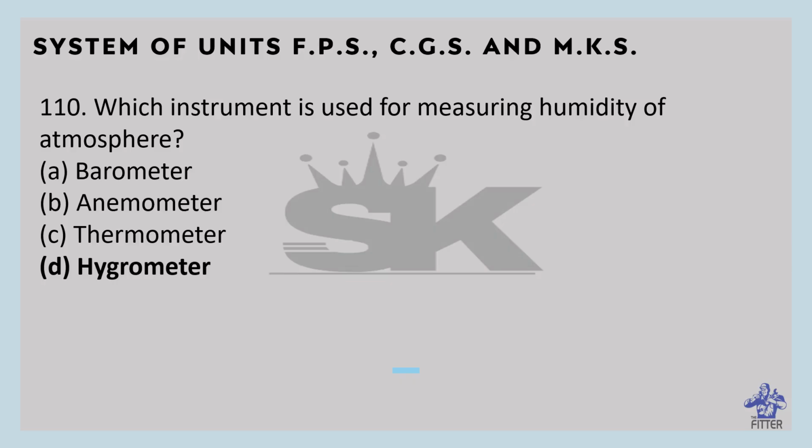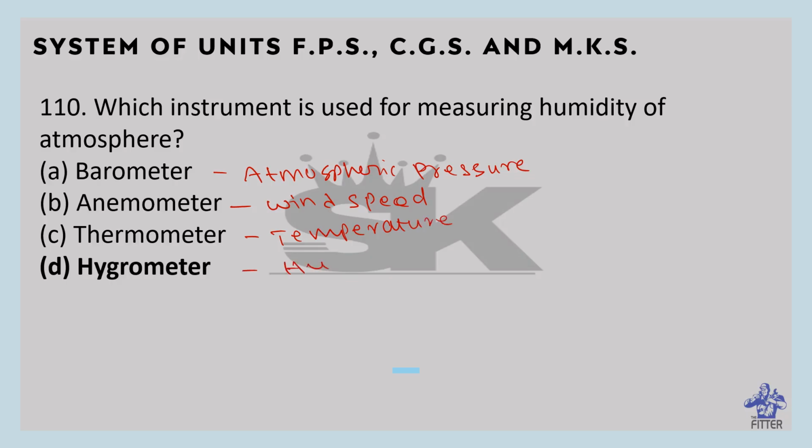Here anemometer is wind speed. Barometer we have discussed, atmospheric pressure. Thermometer is temperature. Hygrometer is humidity.